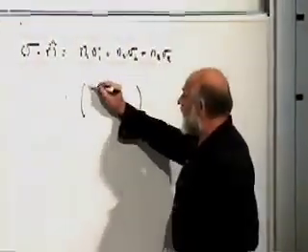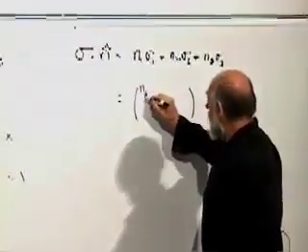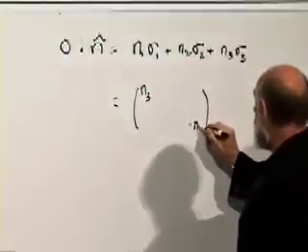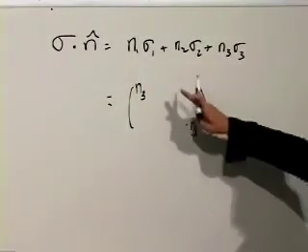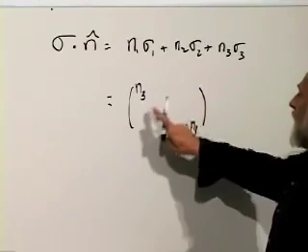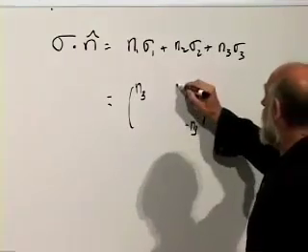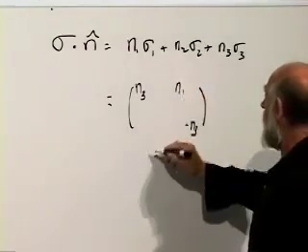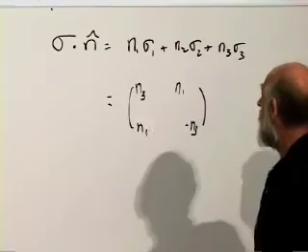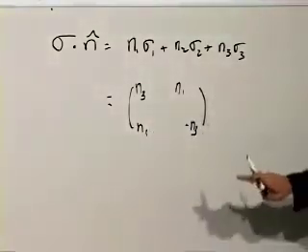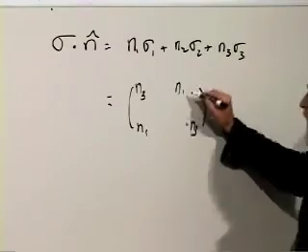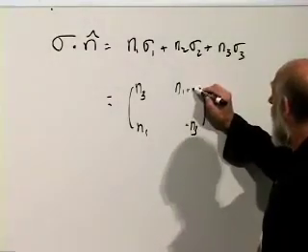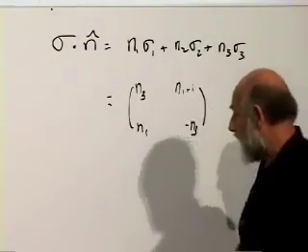So we would multiply it by n3 and put n3 here and minus n3 here. Sigma 1 has a 1 over here and a 1 over here, so we would put an n1 over here and an n1 over here. And then sigma 2 has a minus i and a plus i. So we would write plus i, and let me make this bigger.